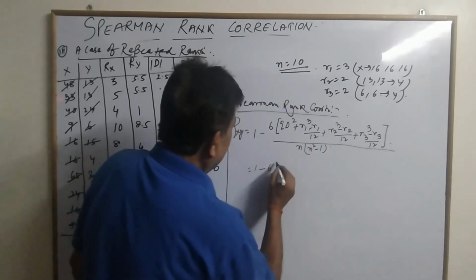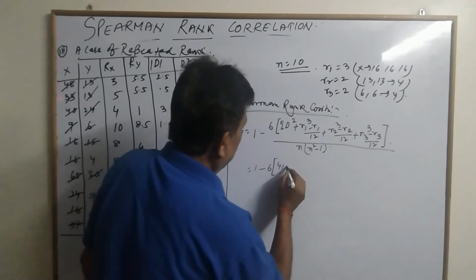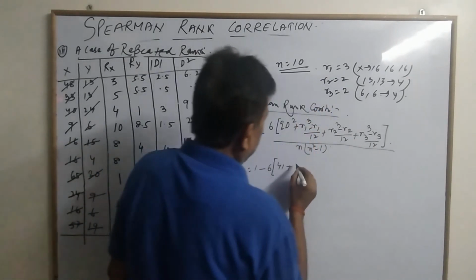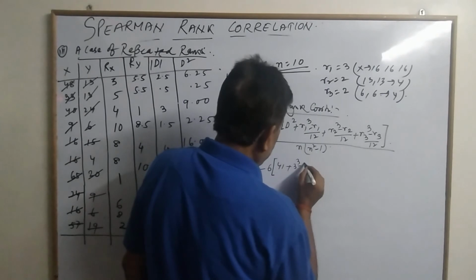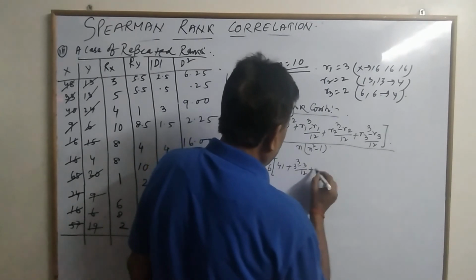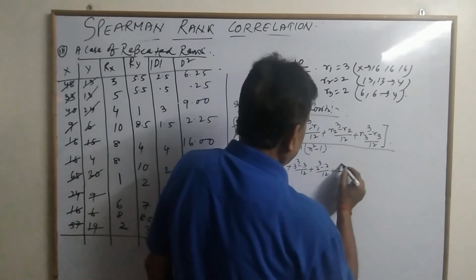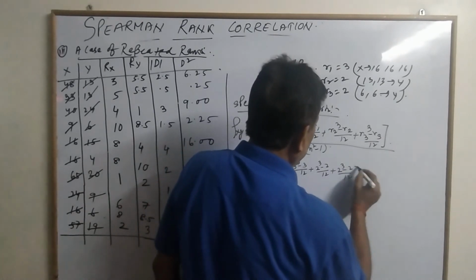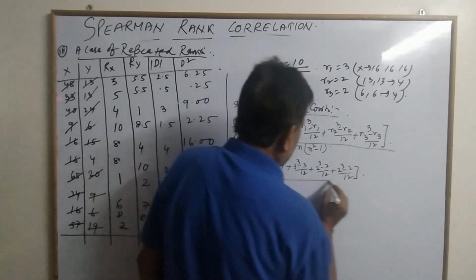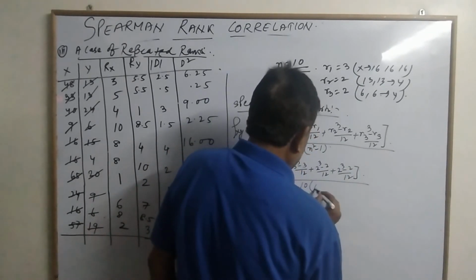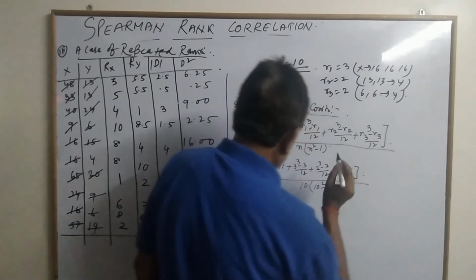1 minus 6, summation d square is 41. R1 is 3, so 3 cube minus 3 by 12. R2 is 2, 2 cube minus 2 by 12. Once again 2 cube minus 2 by 12. And this is 10 into 10 square minus 1.